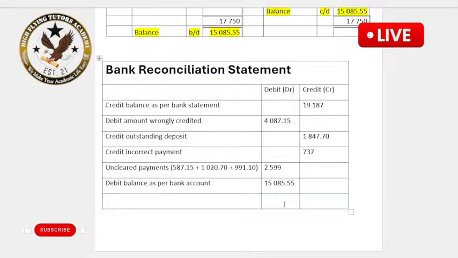Just calculate both sides and tell me the amount and if it's balancing, because on both sides you must get the same amount if we have done the right thing. If we have not, it means we have to go and double check our workings and make sure that it balances. So please do the calculations quickly and tell me if the debit side and the credit side are equal.